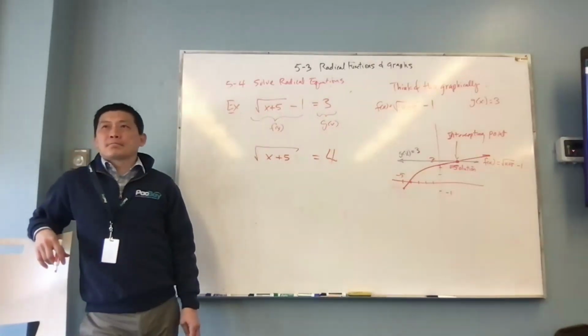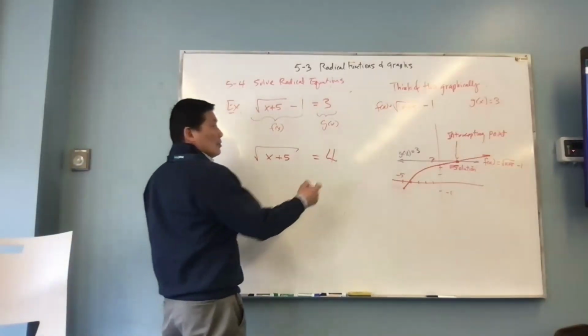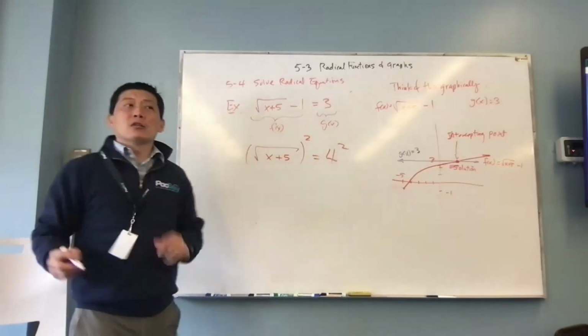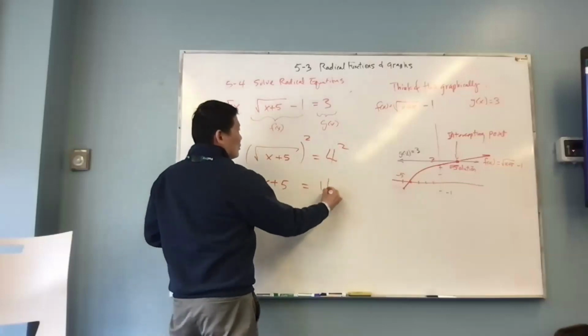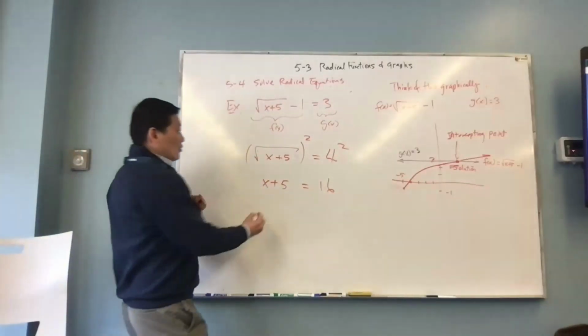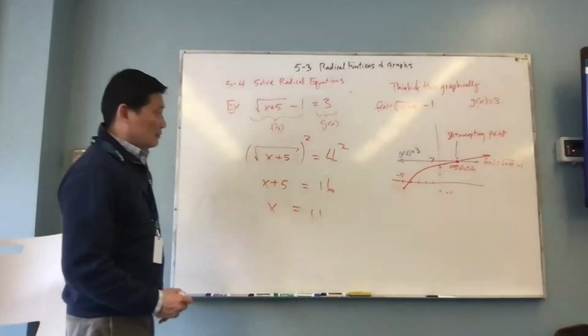Now we square both sides to get rid of the radical. Then we end up with x plus 5 is equal to 16. And then solve for x, so that's 11.